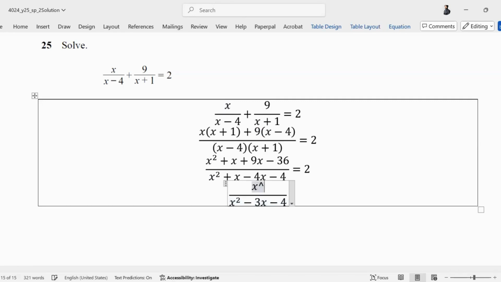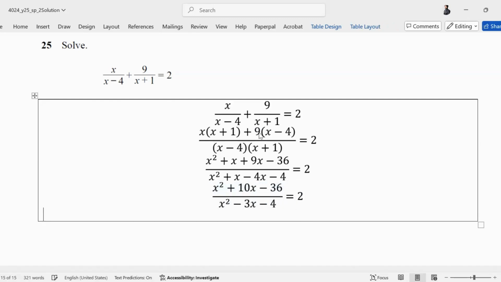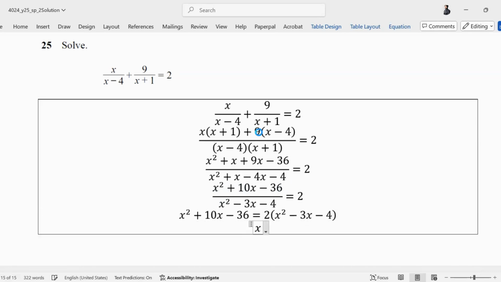This is x squared plus 10x minus 36 is equal to 2. So now the denominator goes on the other side. It was dividing over here, it will multiply with 2. Which means x squared plus 10x minus 36 is 2x squared minus 6x minus 8.